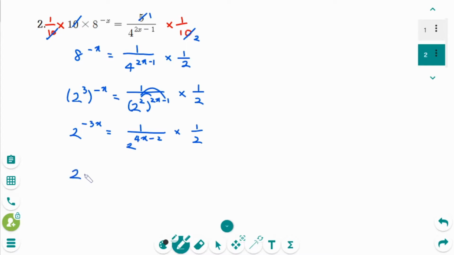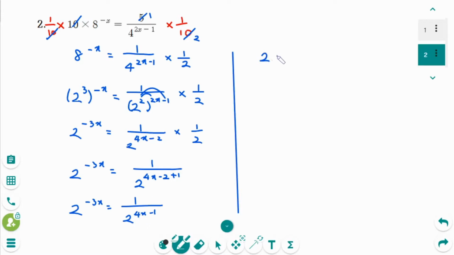2 to the power of minus 3x equals 1 over 2 to the power of 4x minus 2 plus 1. 2 to the power of minus 3x equals 1 over 2 to the power of 4x minus 1.